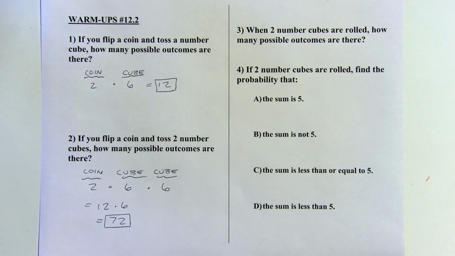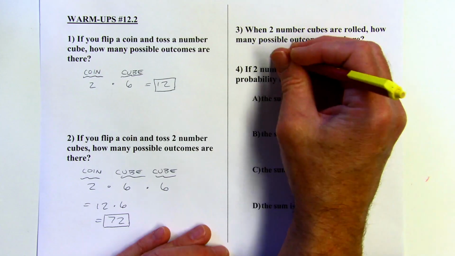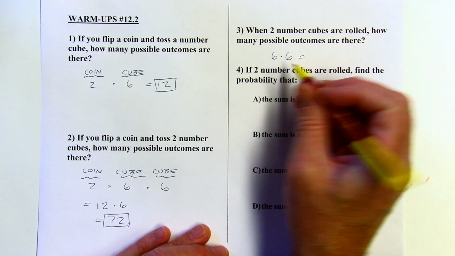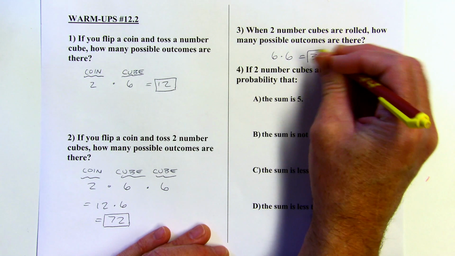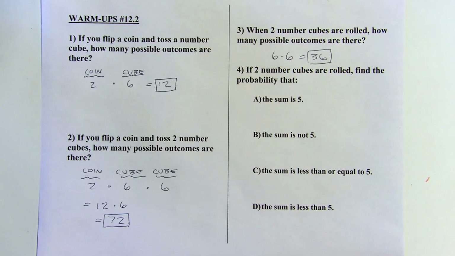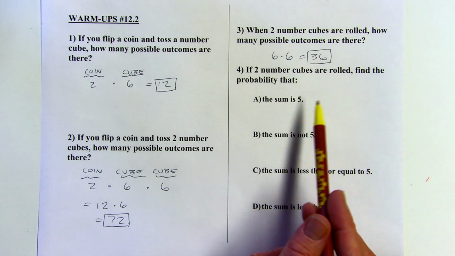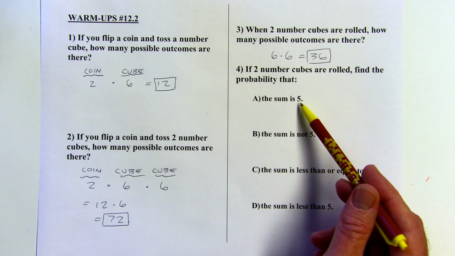Okay. All right, when 2 number cubes, well, this is really just a setup for number 4. 6 things that can happen on each number cube, so there's 36 possible outcomes when you're rolling 2 dice. Okay. If 2 number cubes are rolled, find the probability that, first, the sum is 5.